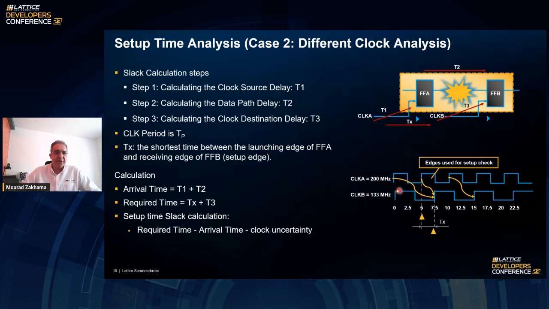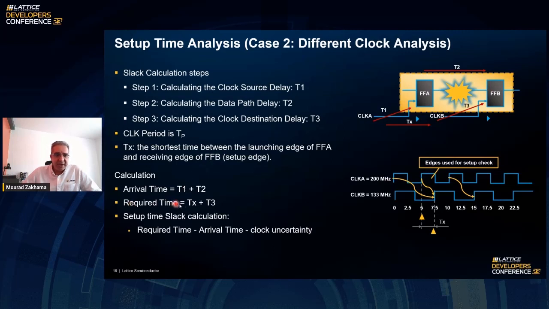Okay, so for the calculation process in terms of different clock domain analysis, we have the arrival time exactly the same, so T1 plus T2: the time it takes for the clock to get to flip-flop A plus the propagation delay of the data.